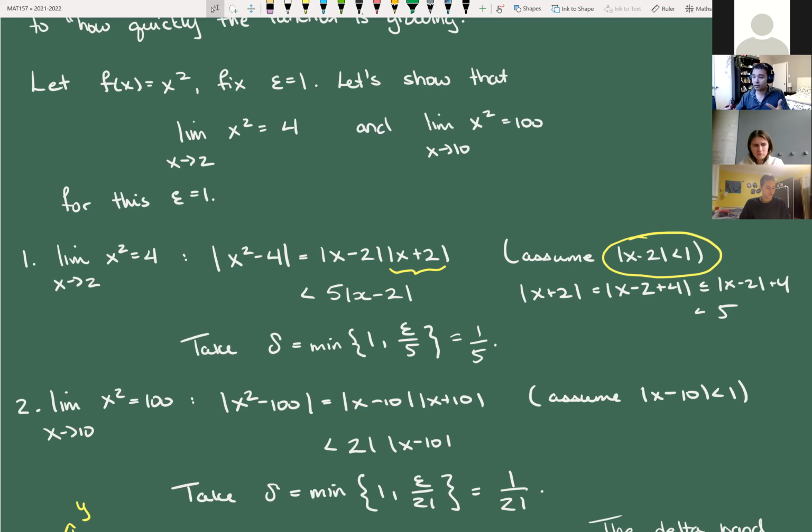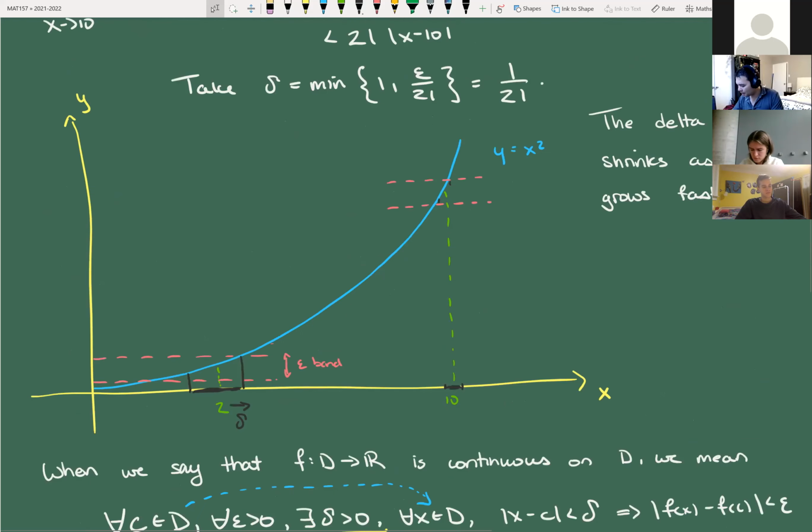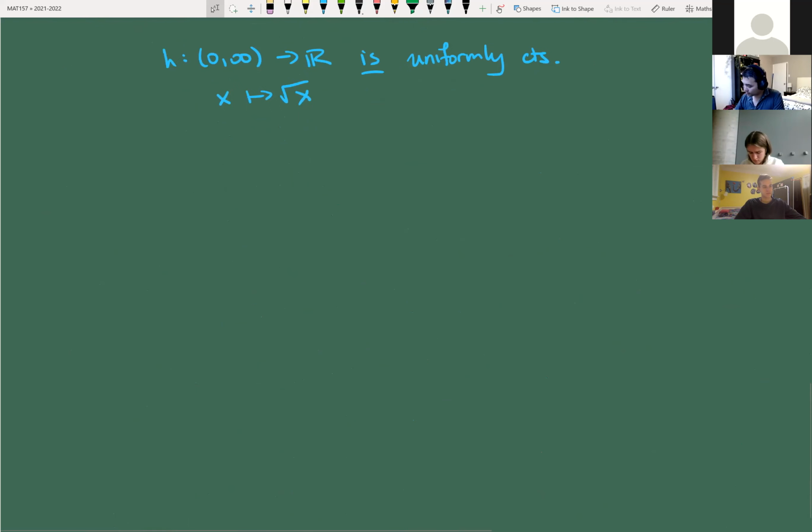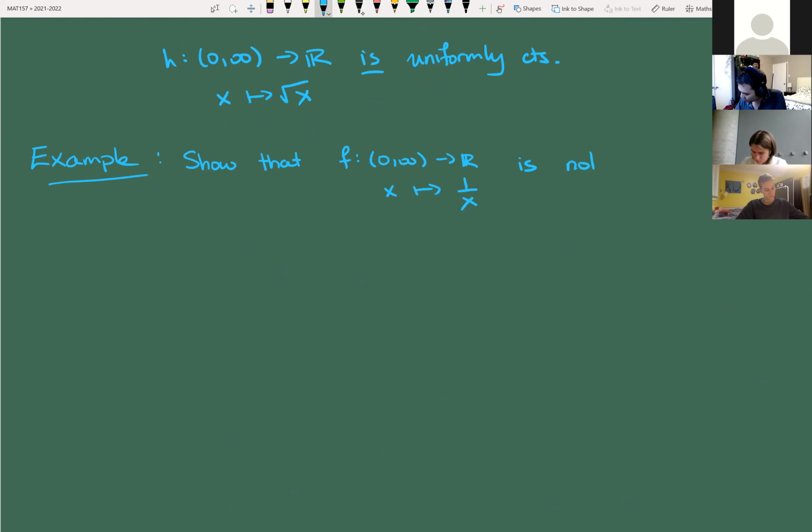So let me give you a couple of examples of how I'd actually prove uniform continuity and prove not uniform continuity. Maybe that'll help as well. Let's show that this function f from 0 to infinity to R, x maps to 1 over x, is not uniformly continuous.